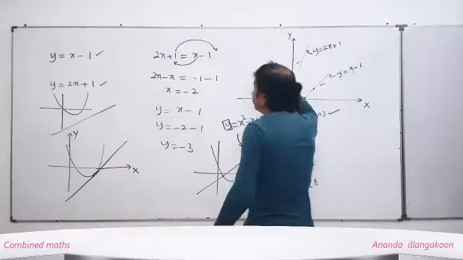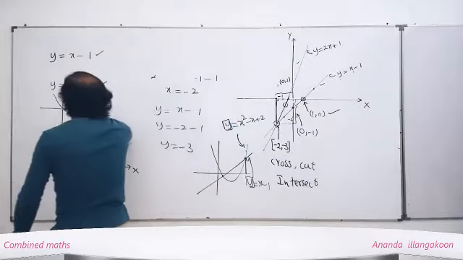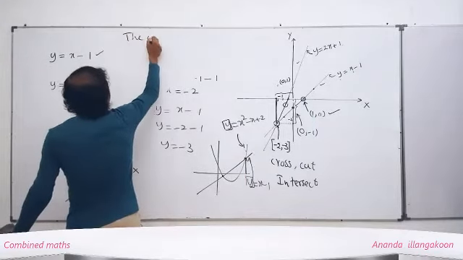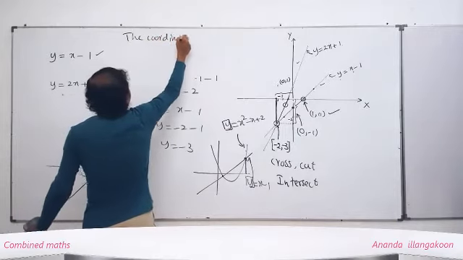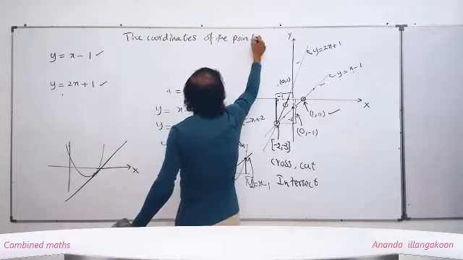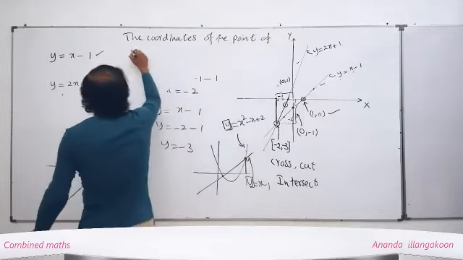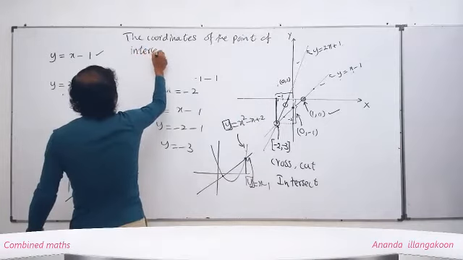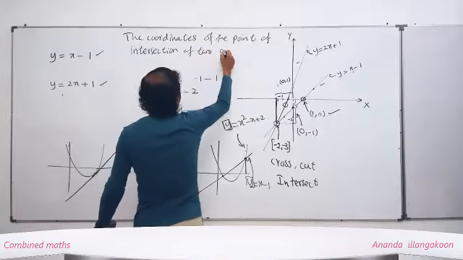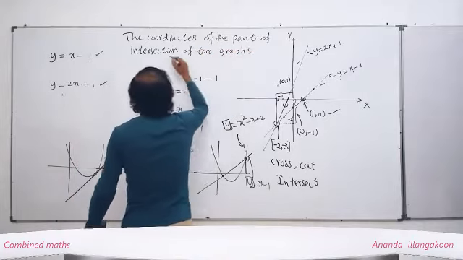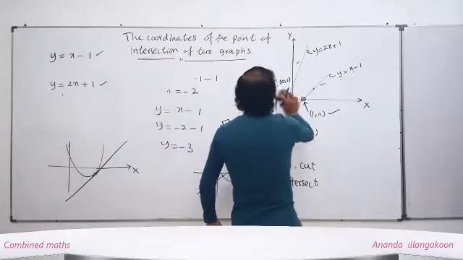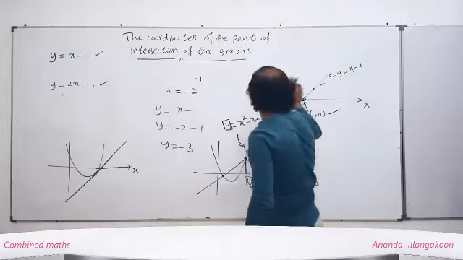Write down the heading like this: the coordinates of the point of intersection of two graphs.